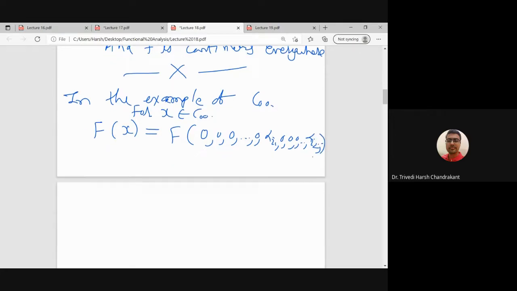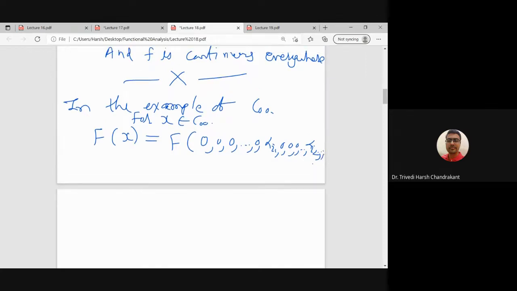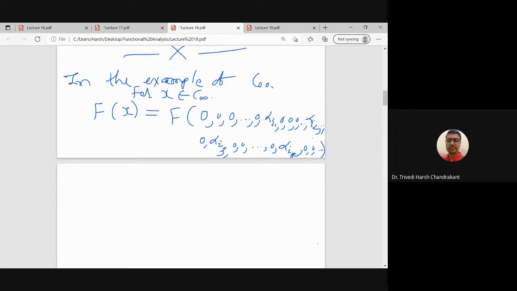So only finitely many non-zero terms. Only alpha i1, alpha i2, up to alpha ik are non-zero numbers.